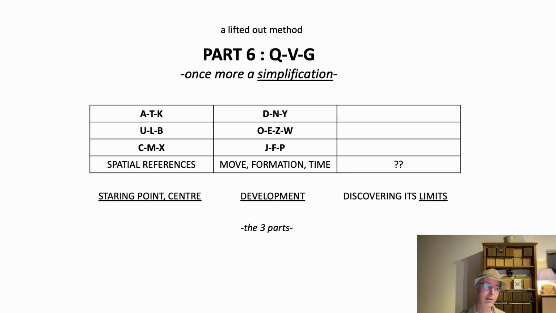And because it's easy to have a formation like this, you always have a starting point, a center, then development of it, further development of it, and then you discover its limits. These are the 3 parts that always return in different ways, but this is basically what you have.